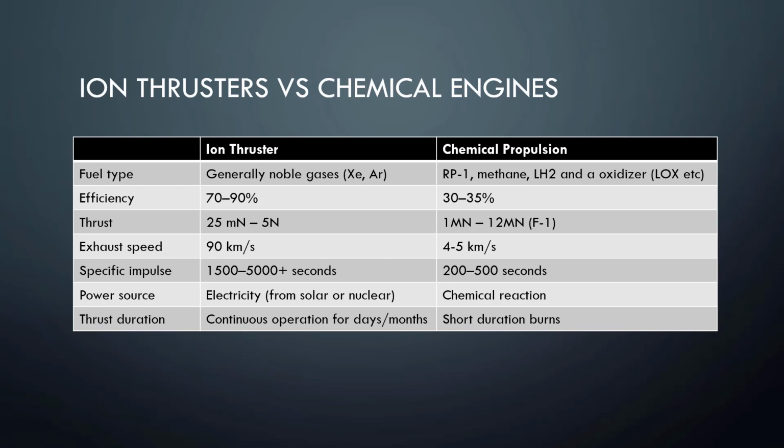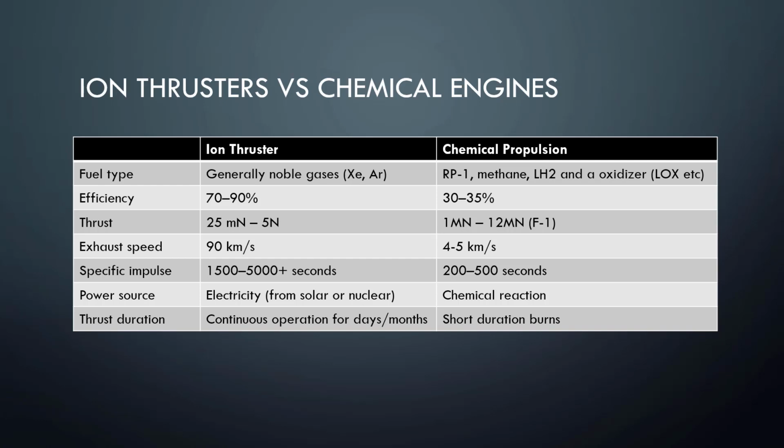However, exhaust speed wise, ion thrusters can give out up to 90 kilometers per second, and chemical just gives about 45. Specific impulse is a way to measure efficiency, and the higher it is, the more efficient the engine. Ion thrusters have almost 5,000, and chemical is about 200.